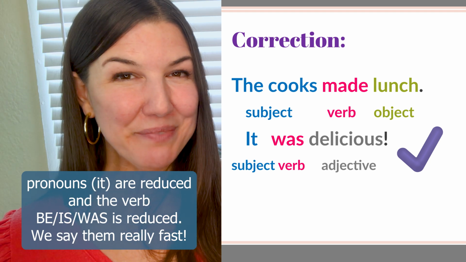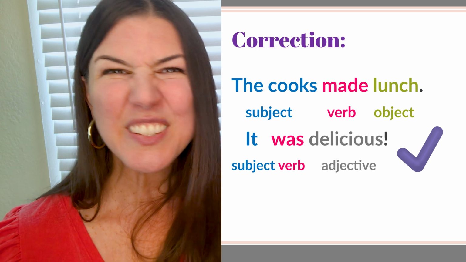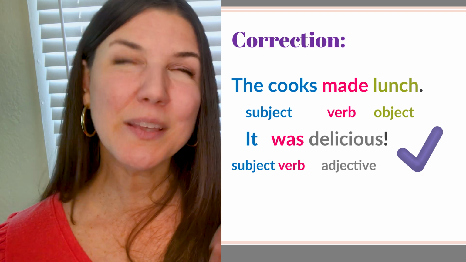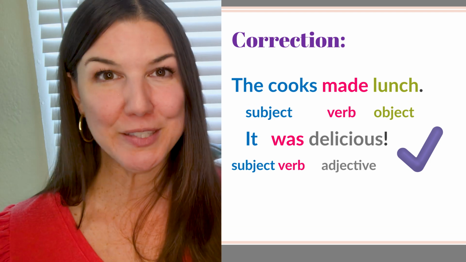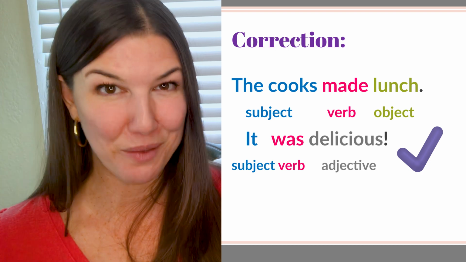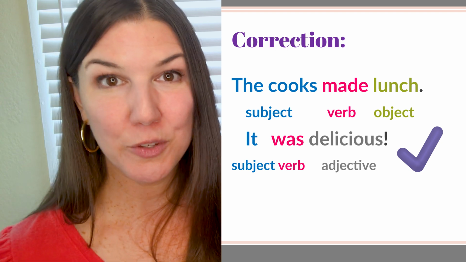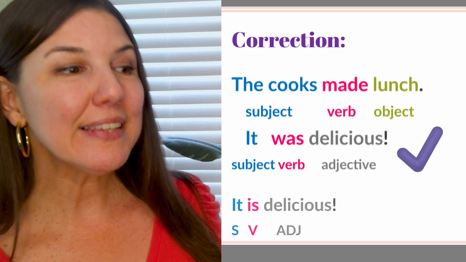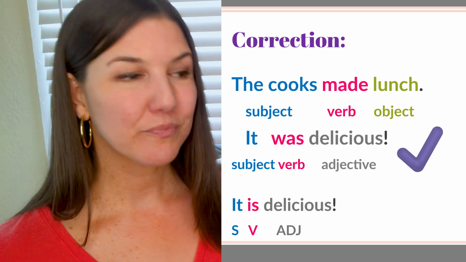It was delicious. It was. They're so small, right? So sometimes it's difficult to hear that we're saying all those words, but I promise you, native speakers are saying the subject. It was delicious.